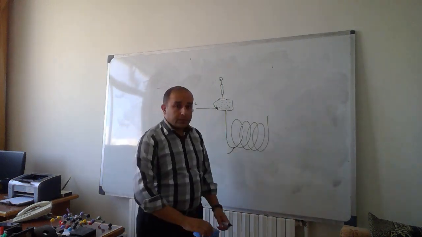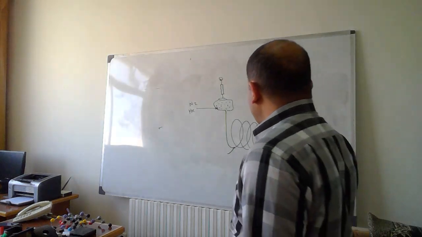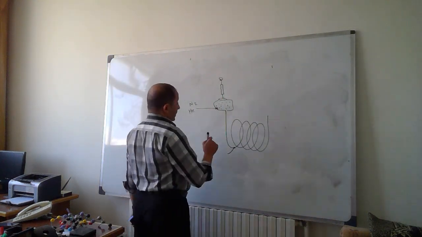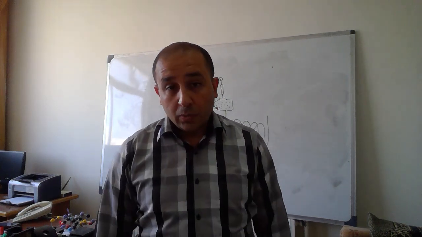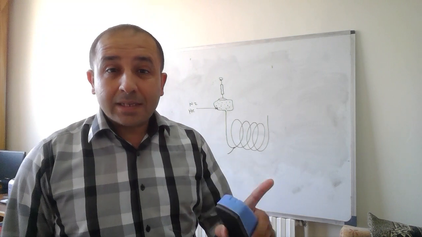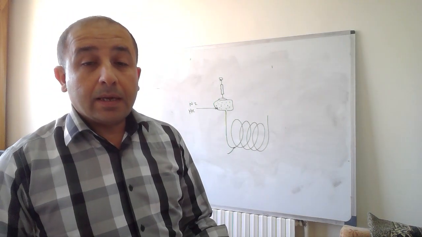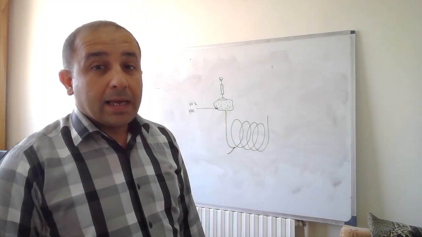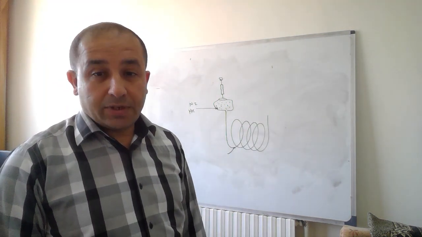Now, one of the key things we have to understand in order to grasp the idea of separation is that the column has a gradient of rising temperature.